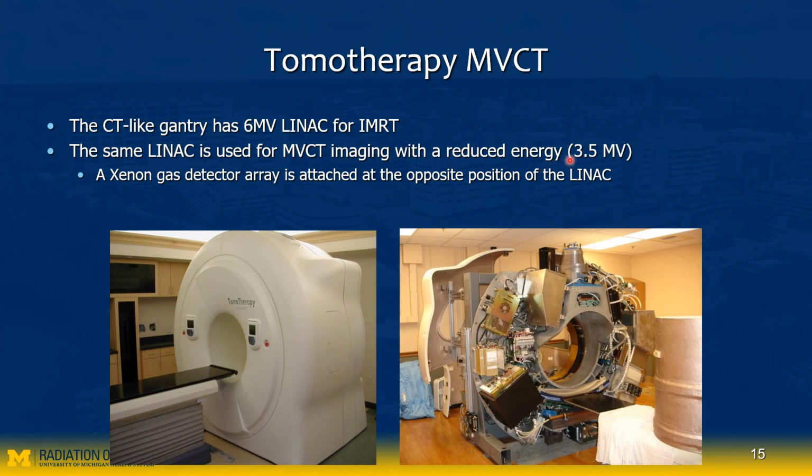In that imaging acquisition mode, the energy of the photon beam is reduced to about half. And there's a detector array here. I'm not sure you can see it very well. The xenon gas detector array is attached. As the patient couch proceeds, the gantry rotates and it acquires a megavoltage CT of the patient.